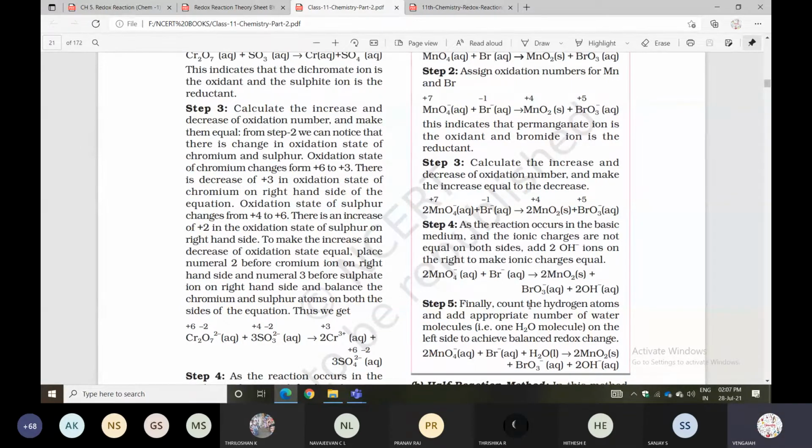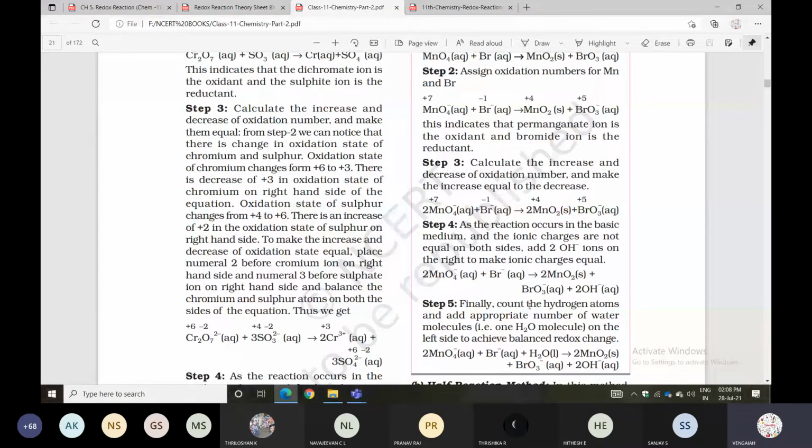As the reaction occurs in the basic medium, the ionic charges are not equal on both sides.